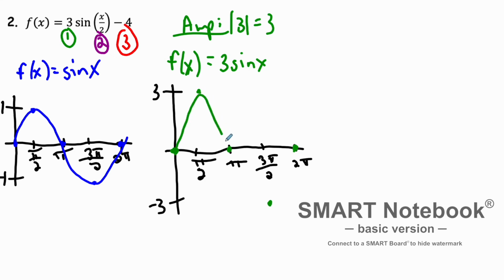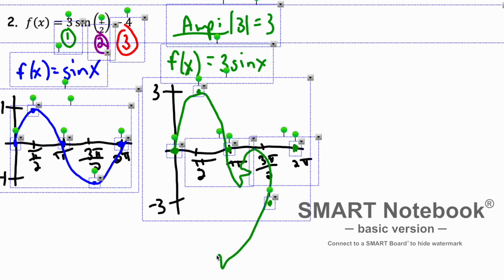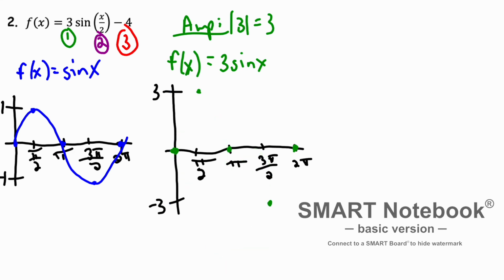So connect your dots, and this is going to be stretched out a little bit more. That graph was not good. Let me try again. This is going to be stretched out 3 times. Let me try again.